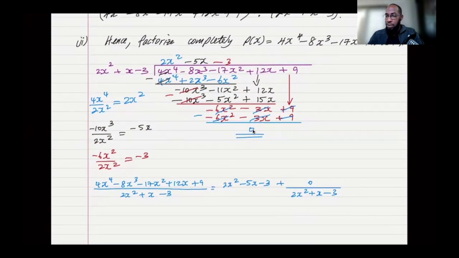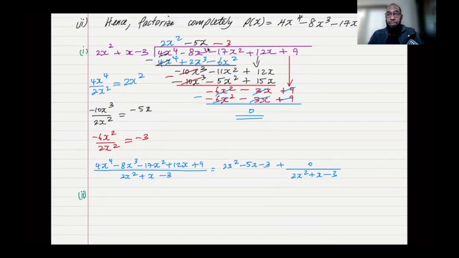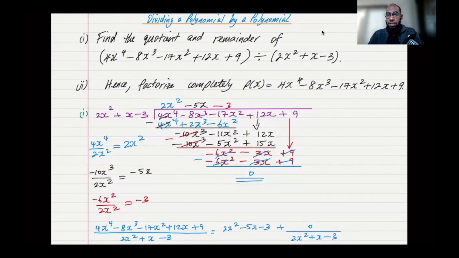So we have that. If we want to continue, let me use another color here. So this is part 2. We can say this is part 1. So for part 2, we need to factorize completely. Factorize completely. So if you notice, we want to find out what is this expression here. We need to find out what this expression here is equal to.